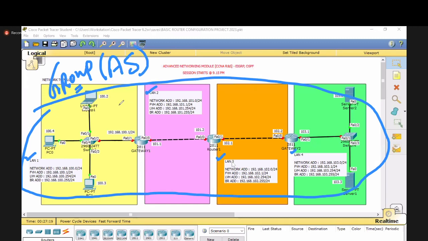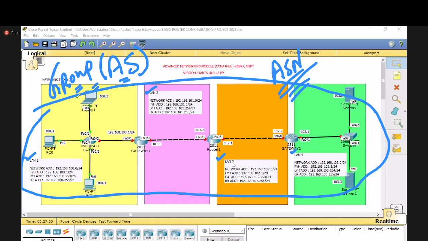When you configure EIGRP, EIGRP always performs routing in a group of IP networks. So it is always important that you identify the group of your IP networks with a number. This number is called the autonomous system number. Every single group of these IP networks is identified using this autonomous system number.